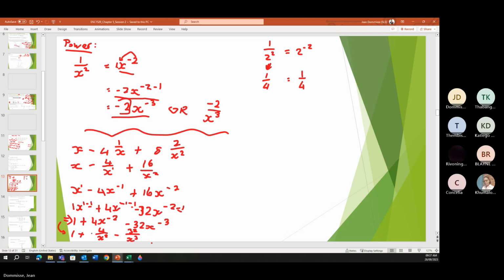Depending on how your answer set will look: if your answer set in your assignments or exam does not have any fractions, keep it at that second one, because that is then what you will look for. If your answer set has fractions, it will be the last one that we look at.